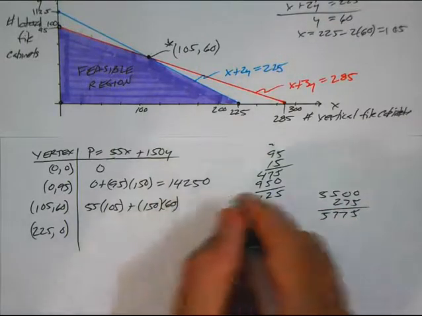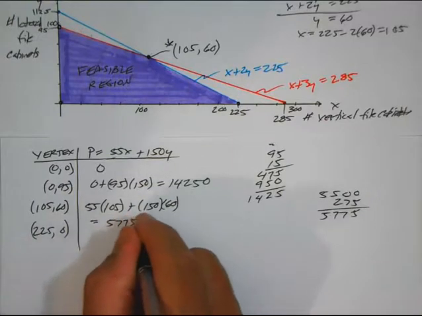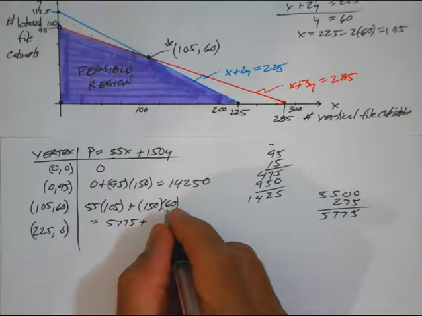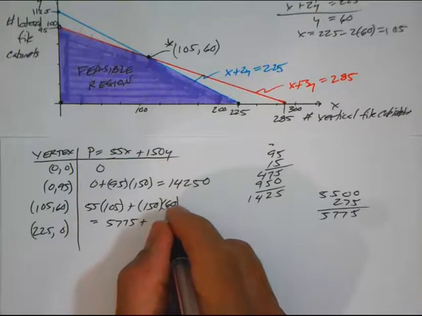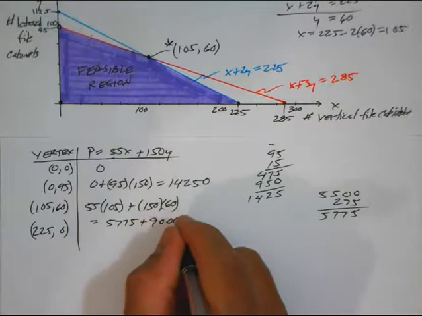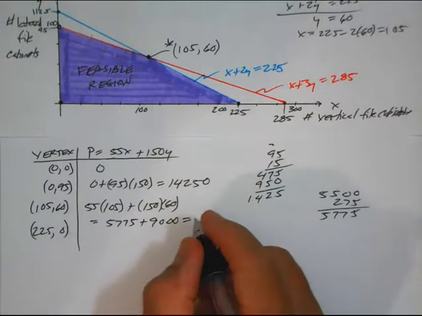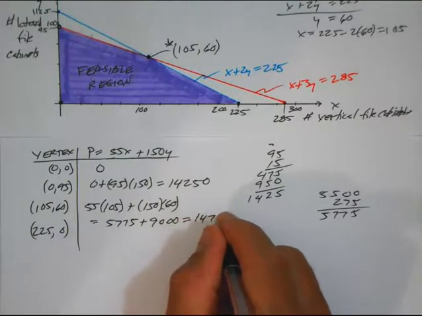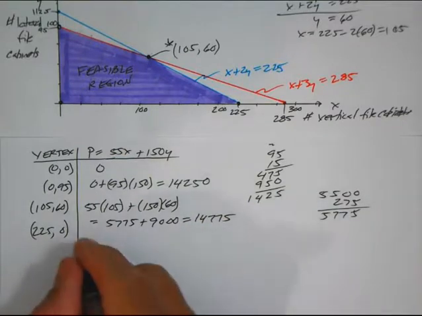So this goes on to become 5775 plus, alright, 150 by 60. Okay, I can do 6 by 15 and then add 2 zeros to it. 6 by 15 is 90. Okay, add 2 zeros, brings us to there. And now we add these two together. We're up to 14,775.